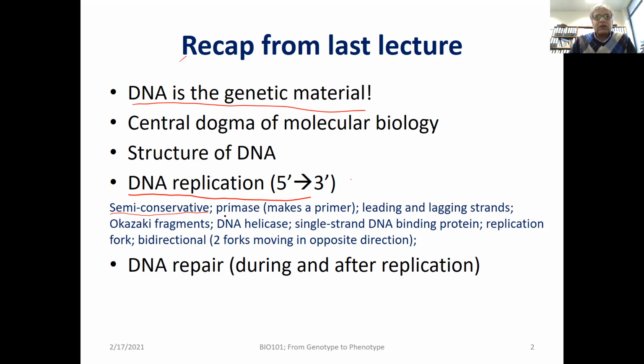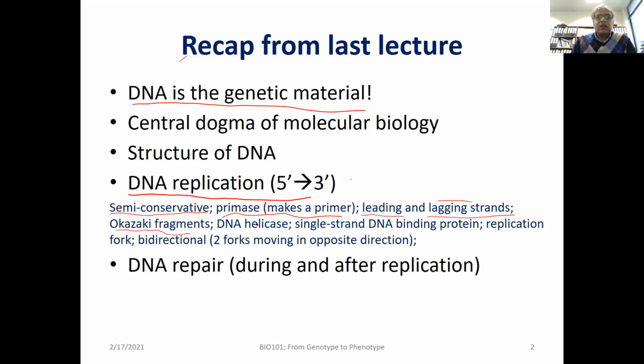We also talked about primase and helicase. Primase is the enzyme which adds an RNA primer. Then we learned that DNA replicates in such a way that one of the two strands gets replicated continuously while the other one replicates discontinuously, which is called the lagging strand, and this is where we have Okazaki fragments.